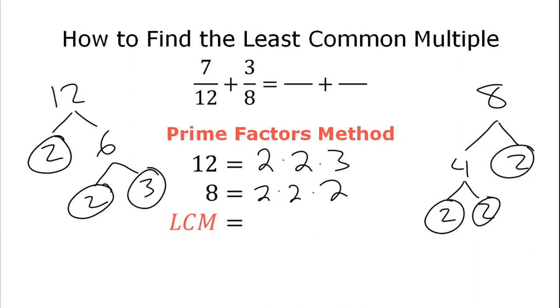And the least common multiple is going to be the number that has all of the prime factors of both numbers. So in order to have the prime factorization for 8, you'd have to have 2 times 2 times 2.